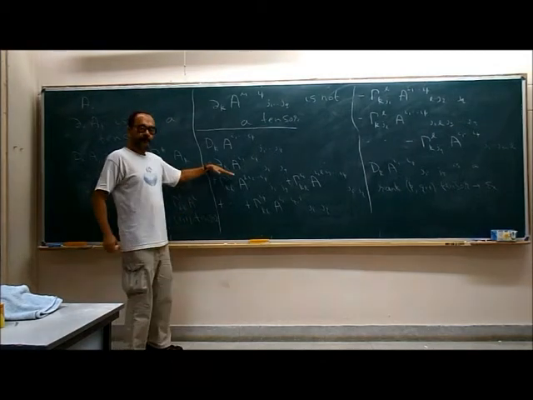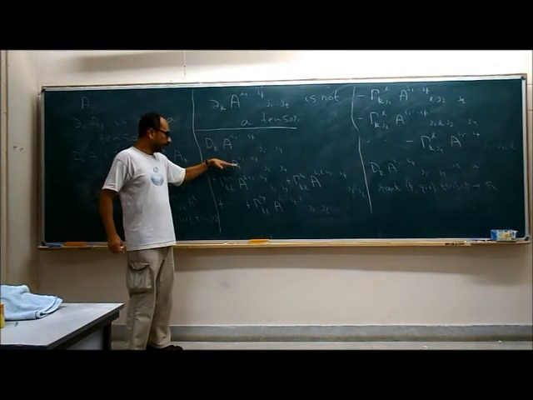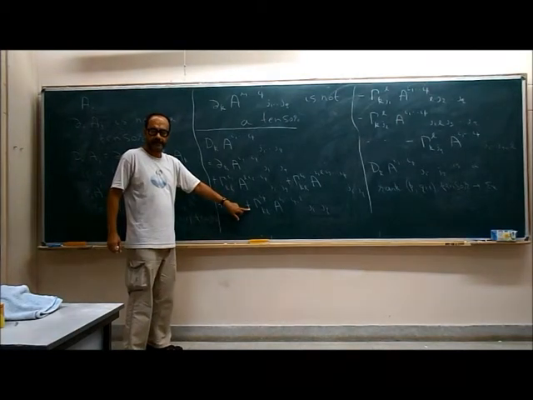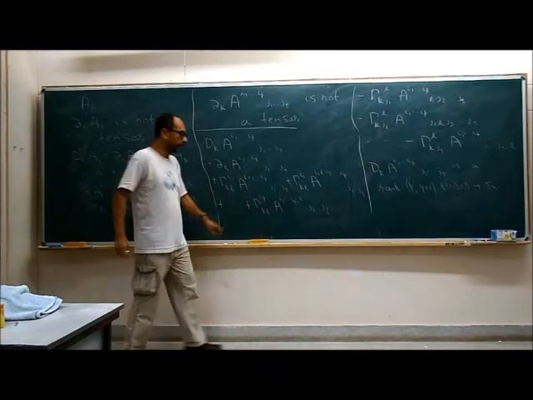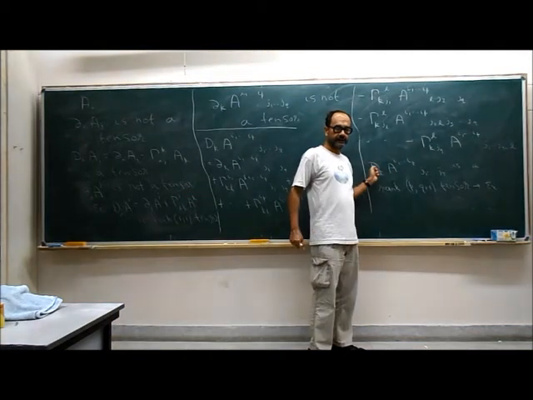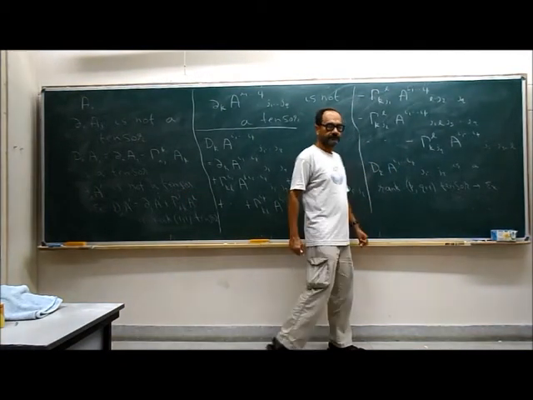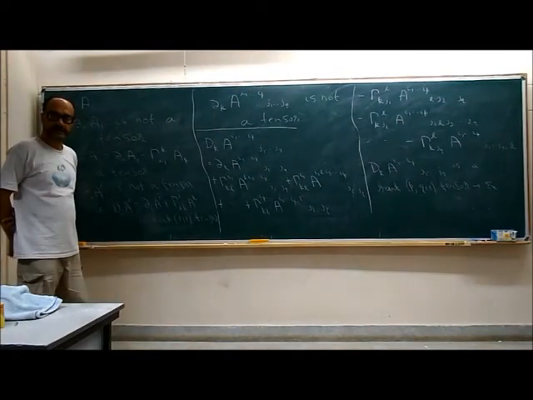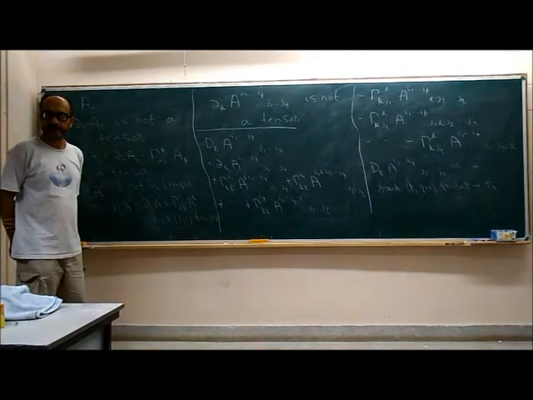So those extra terms have to be cancelled. And one by one they get cancelled by the p plus q extra terms that come from the p plus q gammas. That's the way you prove that this transforms as a tensor. Is this clear?